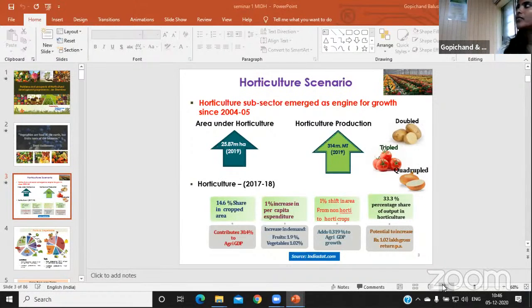The budget allocation when this program was initiated in 2014-15 was 1,999 crores, but now it has increased to 2,546 crores. Majorly the allocation is for the National Horticulture Mission only.